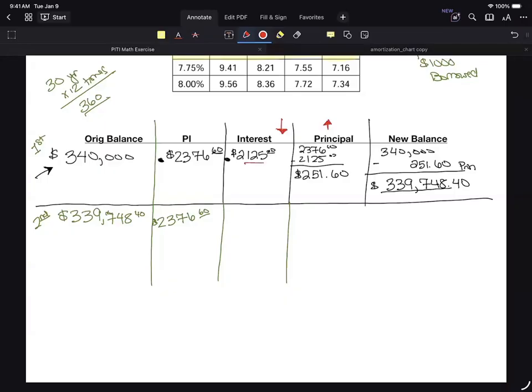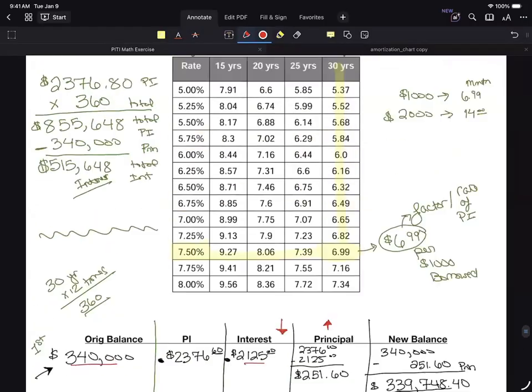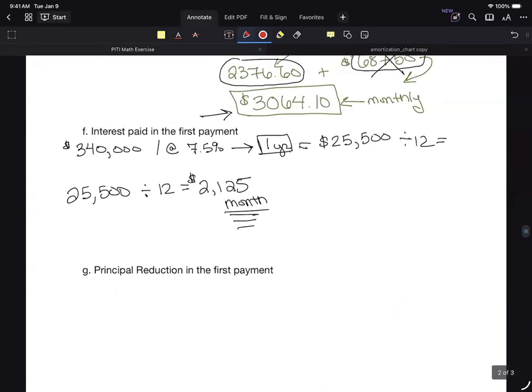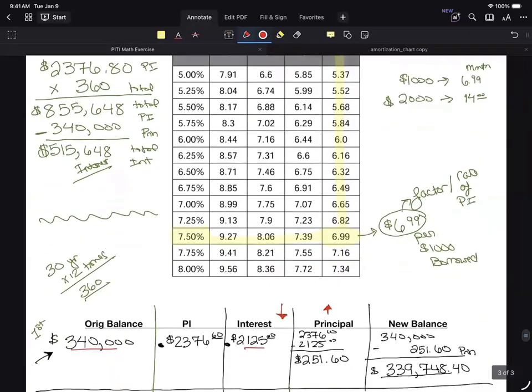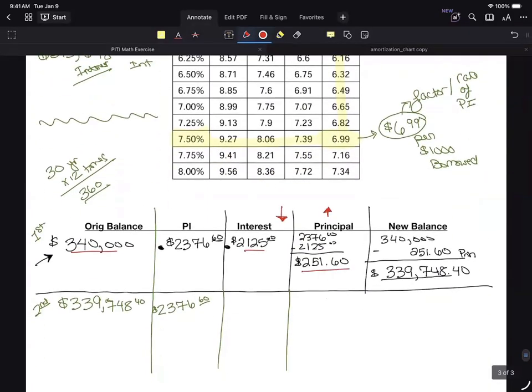You owed $2,125 when you owed $340,000. We don't owe $340,000 anymore. What we owe is $339,748.40. This was the principal reduction in the first payment, $251.60.